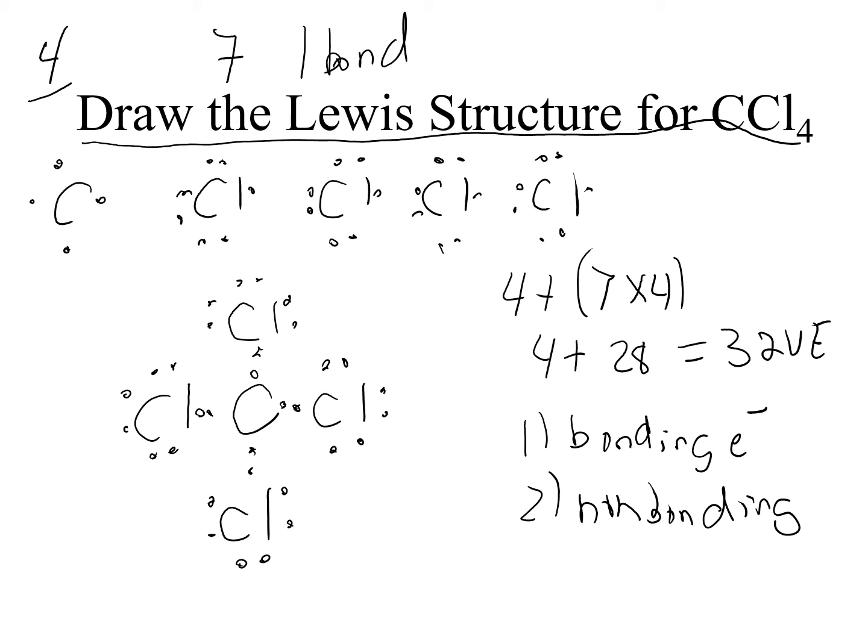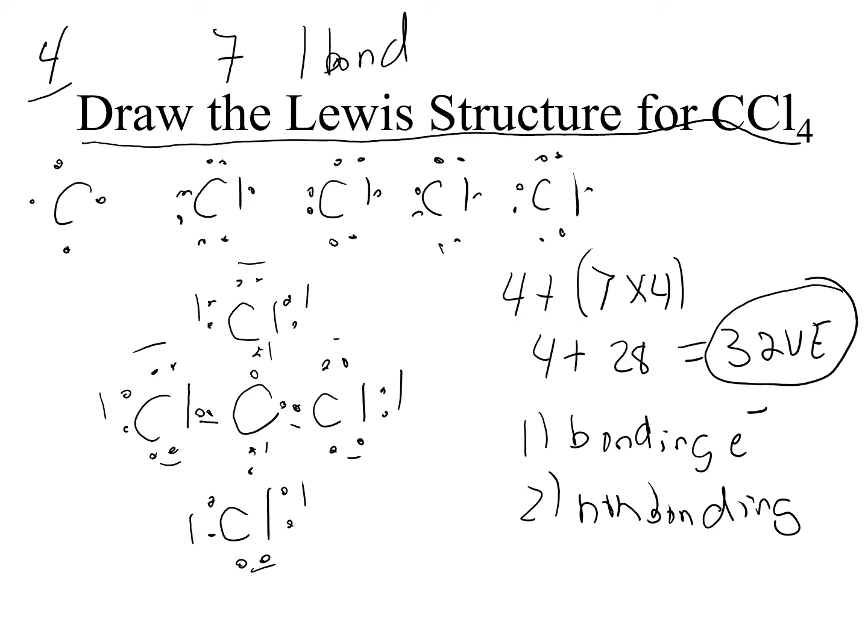So let's just count to make sure. So we have 2, 4, 6, 8, 10, 12, 14, 16, 18, 20, 22, 24, 26, 28, 30, 32. So we used our 32 valence electrons up. The last thing we need to do is all of our bonding electrons need to be drawn as lines.